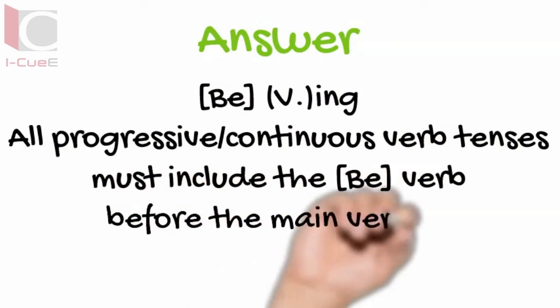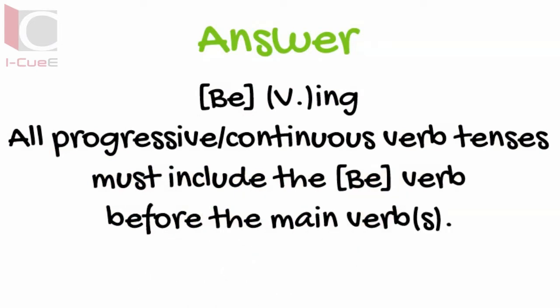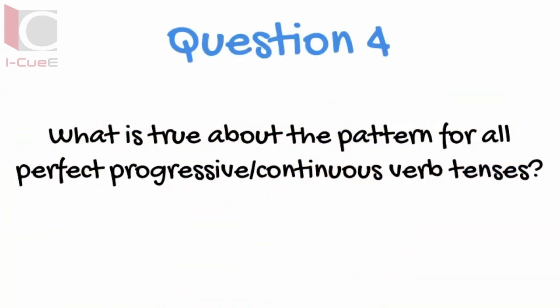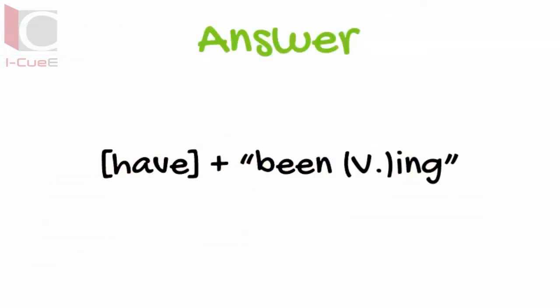Be plus verb ing. All progressive or continuous verb tenses must include the be verb before the main verb. What is true about the pattern for all perfect progressive continuous verb tenses? Have plus been verb ing.